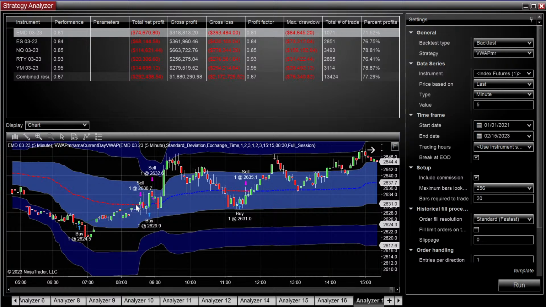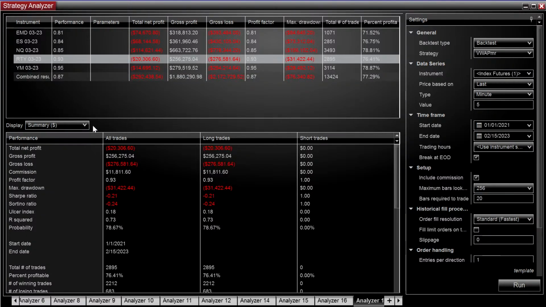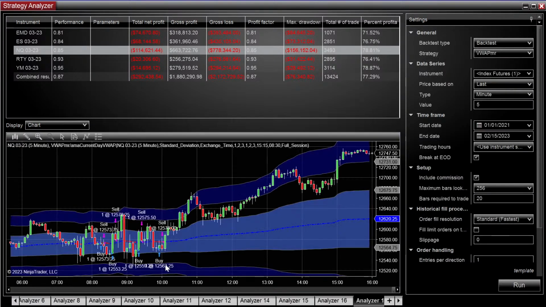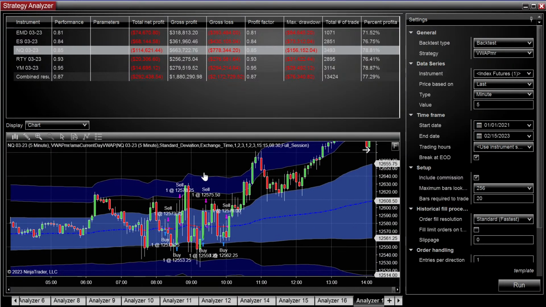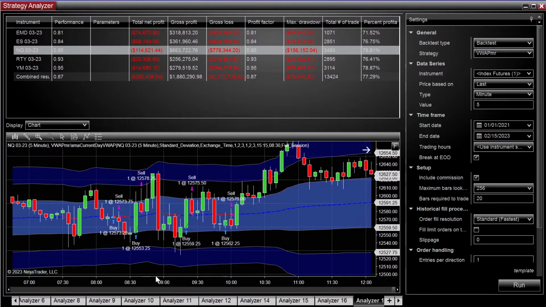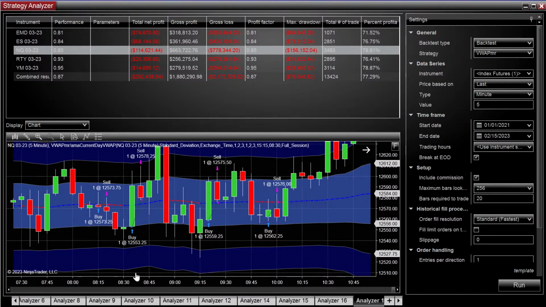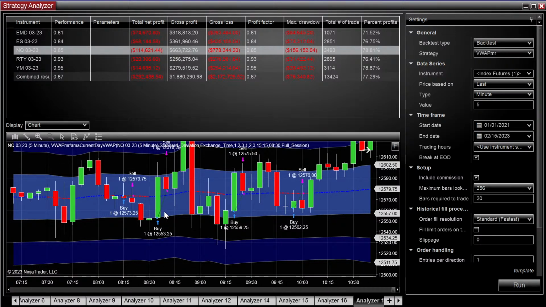Here's a long. I mean, the combined win rate's pretty high, 77%. Here's an example of where it does pretty well.